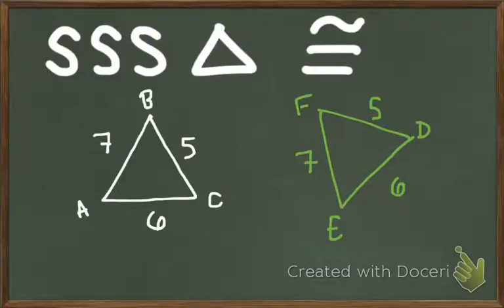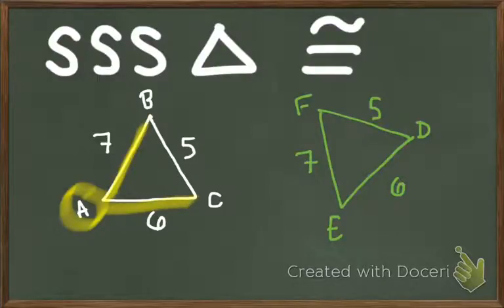So what do I mean by corresponding angles? Because we're used to that with lines and transversals. It's the angles that are on the same side of each group of lines and the same side of the transversal. So corresponding means the exact same thing here. It's going to be the angles in the same position. So here, if I'm looking at angle A, it's between the side length of 6 and 7.